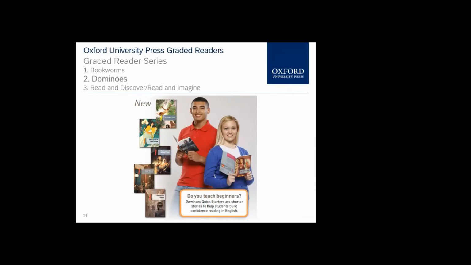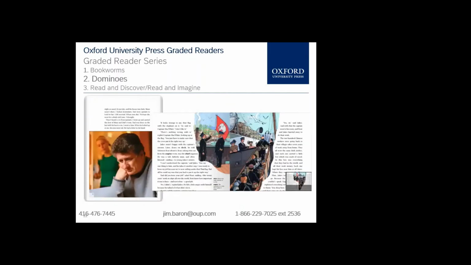So how do these books do that? For starters, there's an additional level lower than the lowest level of Bookworm. It's called the Quick Starter level, and it is really for pure beginners. So if you're already at the lowest level of Bookworm and that's not low enough, try the Dominoes. You'll also notice right away when you open any of these Dominoes, the illustrations of the book are more numerous, they're more detailed, they're printed in full color.